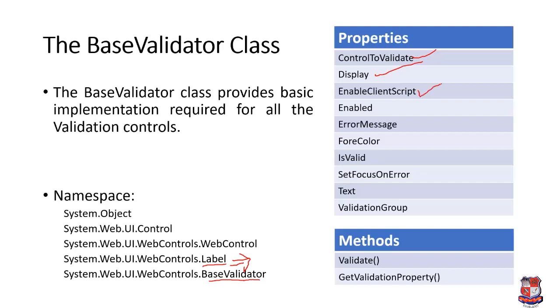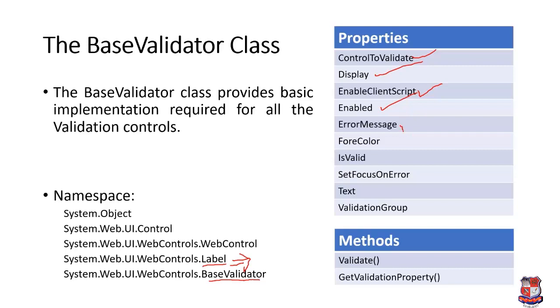Next is EnableClientScript. It is used to handle a value indicating whether client-side validation is enabled or not.